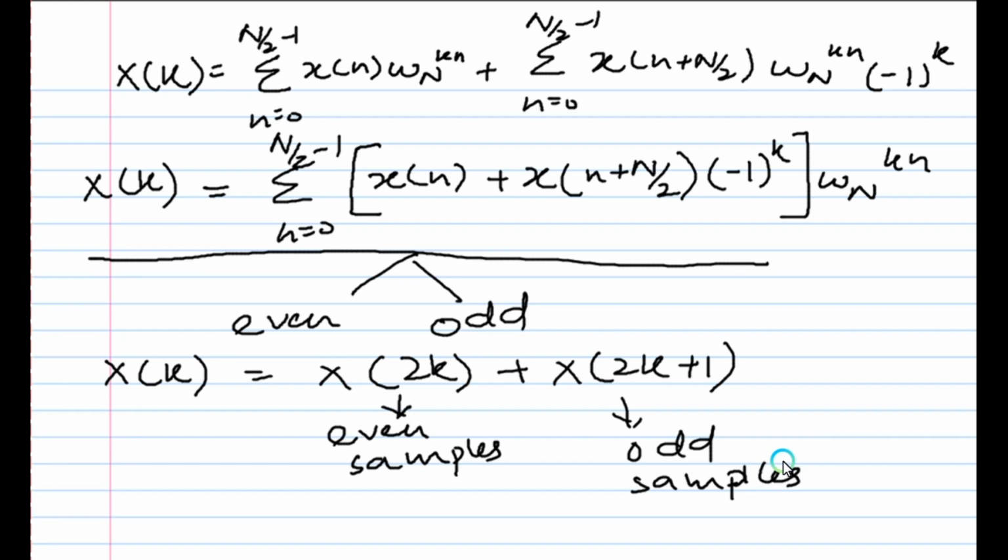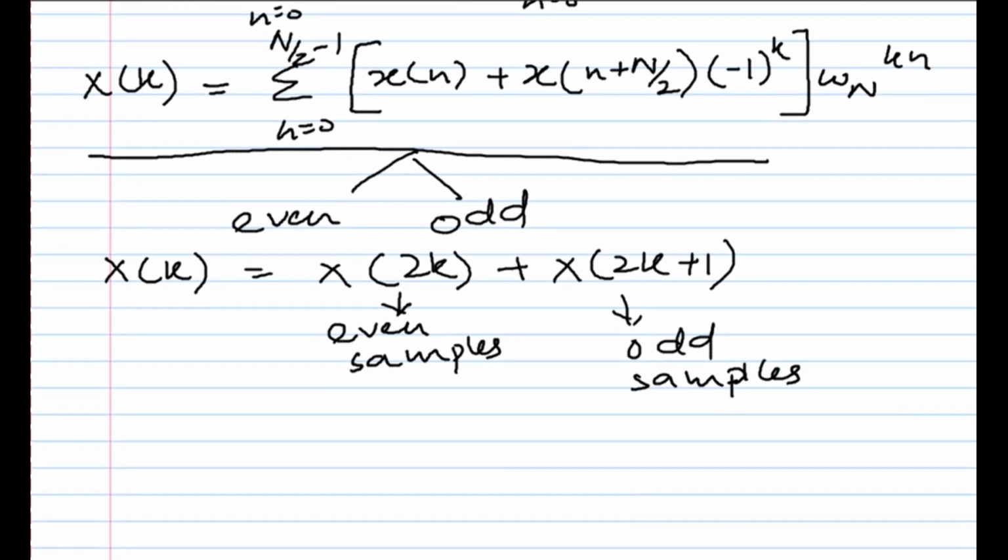So now I'll write the equations for x of 2k and x of 2k plus 1. I will try to manage them on a single page.